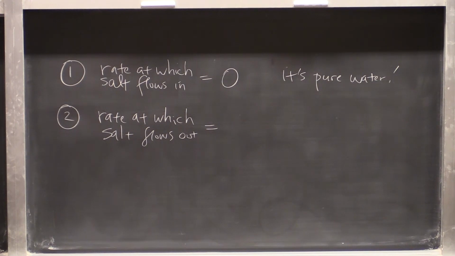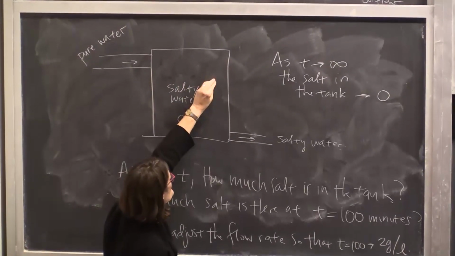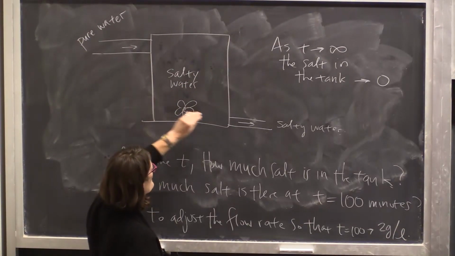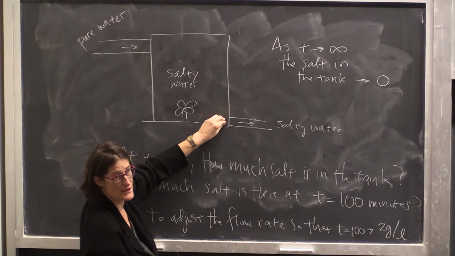So first of all, I'm going to assume that my water mixes perfectly. So I'm going to imagine there's some big propeller in here, a stirrer. And the thing is stirred perfectly and instantly, and however salty the water is here, it's the same as the saltiness of the water here, and here, and here.